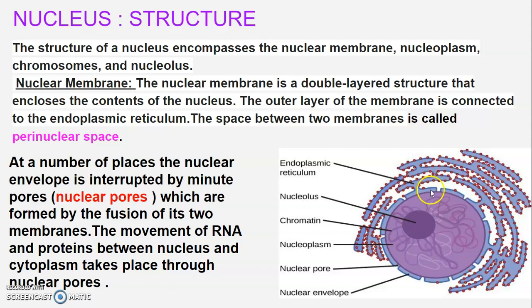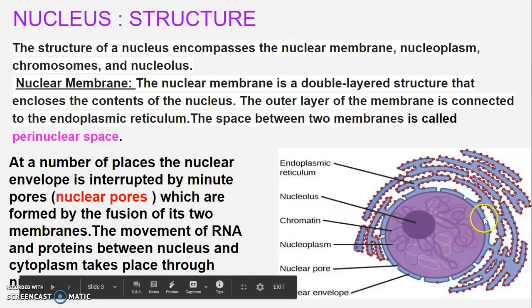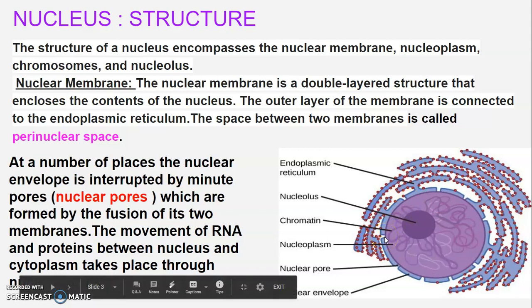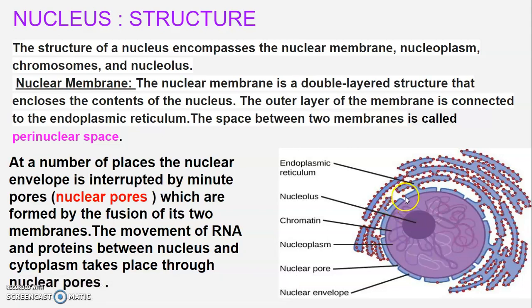And when you look at the picture, here we can see, children, this nuclear membrane is not continuous. In between you can see there are some gaps or pores, which are called nuclear pores. Now just have a look at the picture. This is the outer membrane, this is the inner membrane. These outer and inner membranes get fused at certain regions, and the fusion of these two membranes forms the nuclear pores.